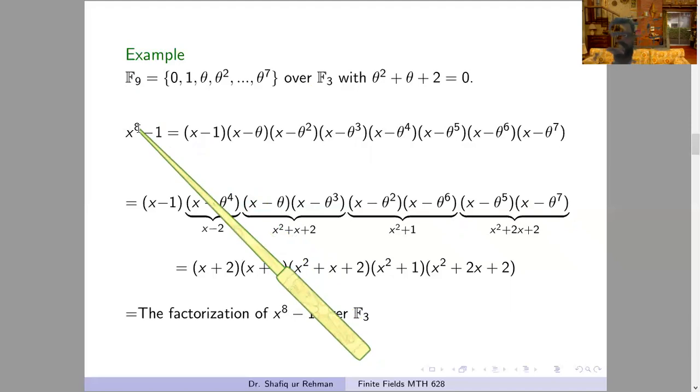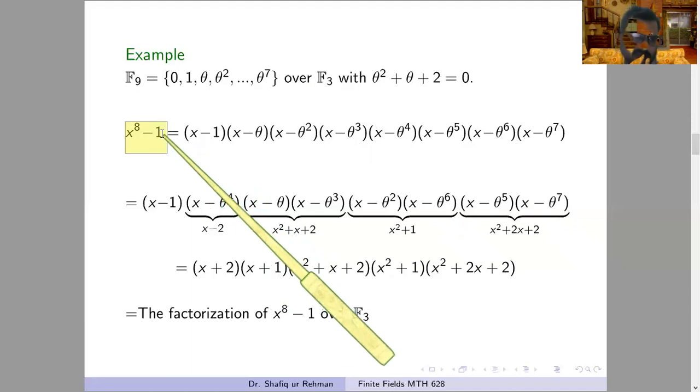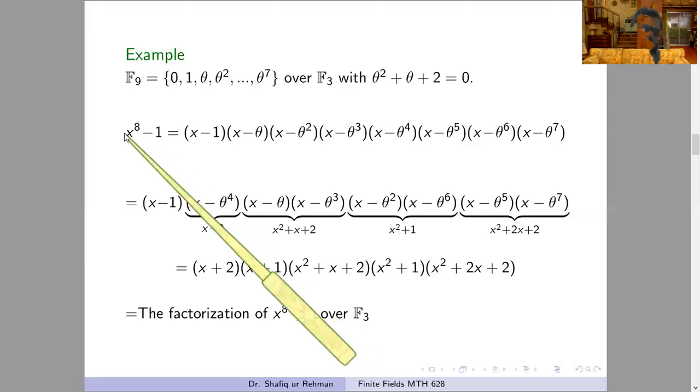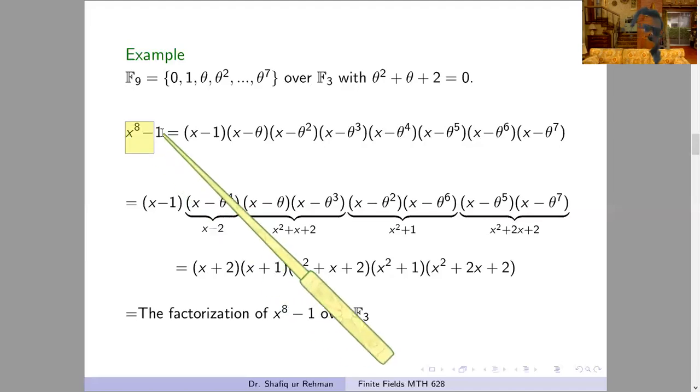So all the roots of this polynomial will be in the field F9. From the previous theorem we are sure that all the roots of this polynomial will be in the field F9.